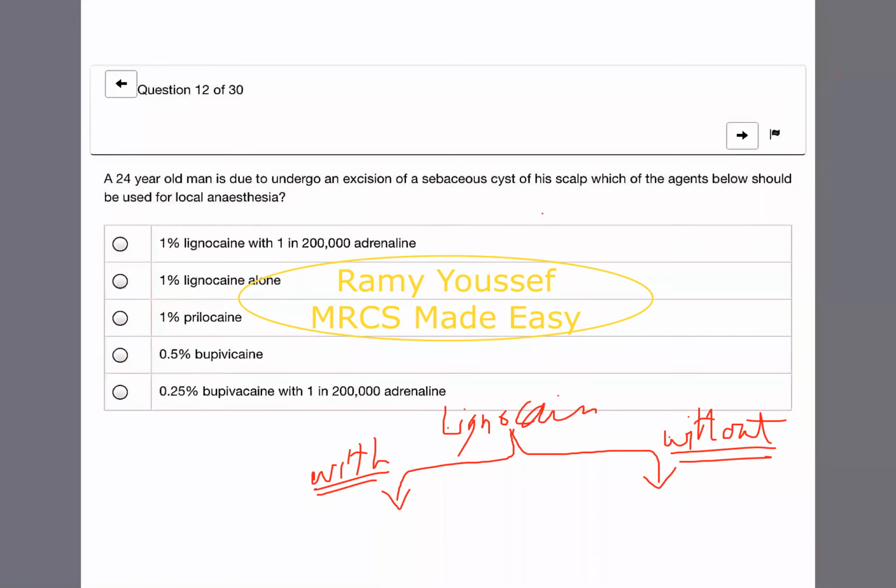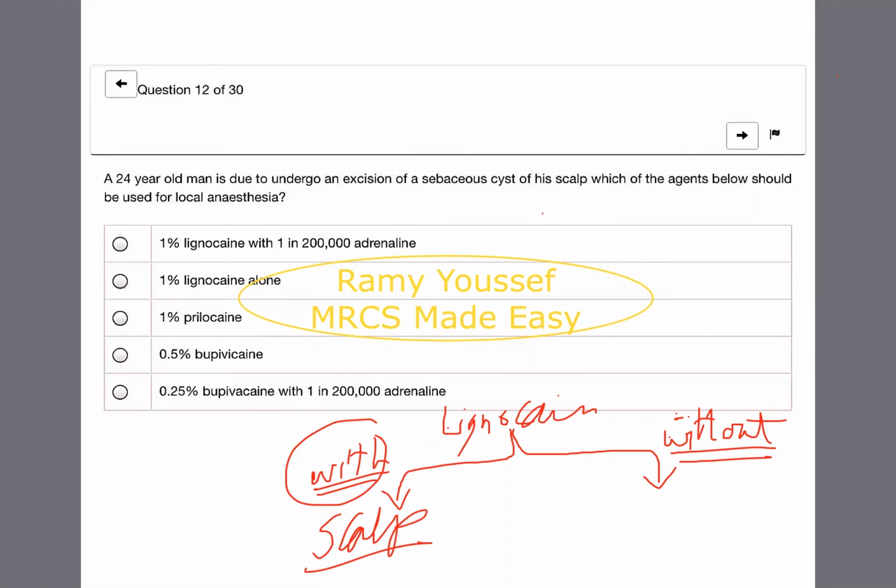The scalp is highly vascular. We said yesterday in the first question, exactly when you have a highly vascular tissue, you can use it with adrenaline, and we gave the example of the scalp.